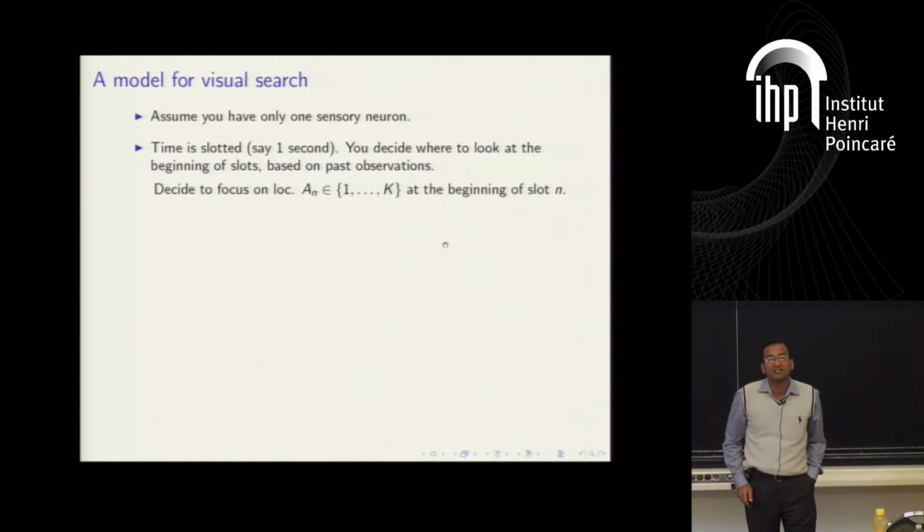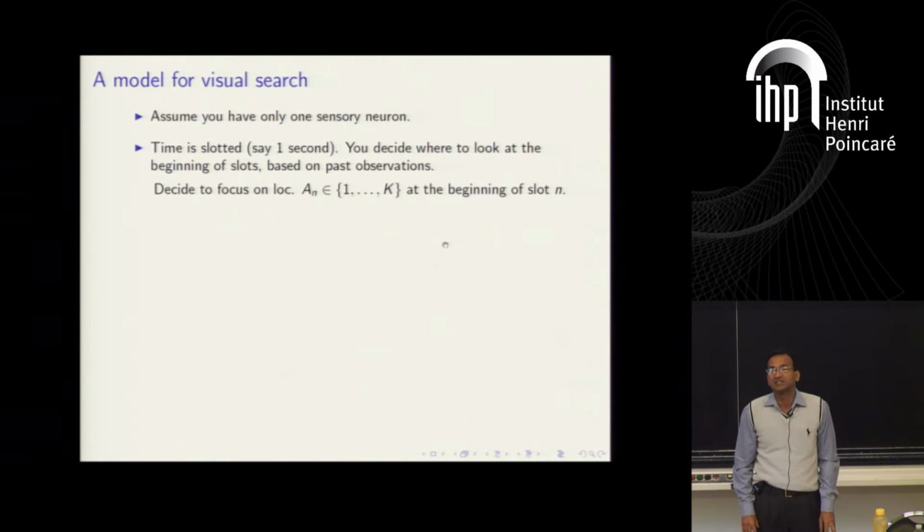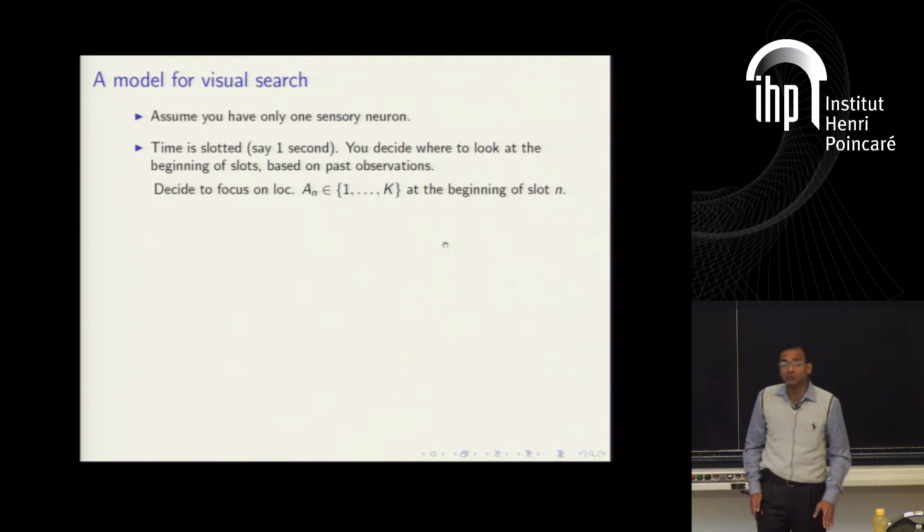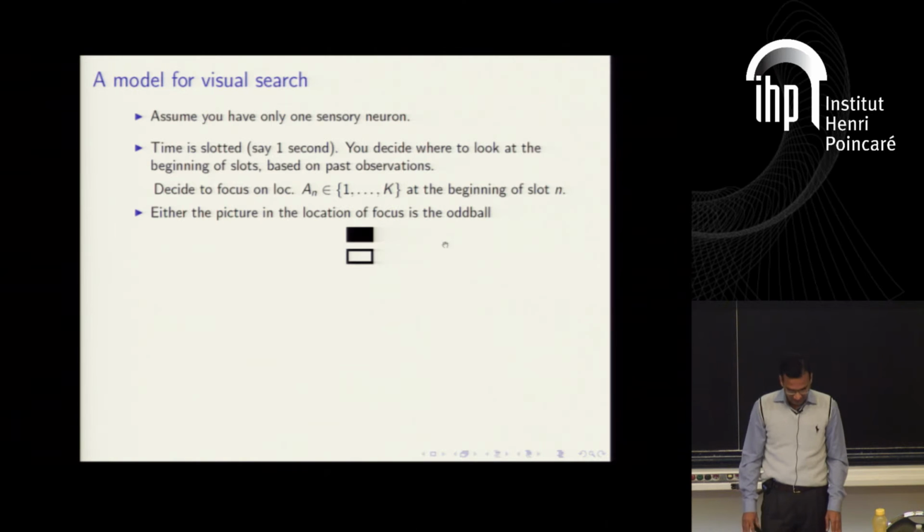Let's say that you decide to focus on location A subscript n in the nth time slot. This A subscript n is going to be one of the k locations here, and the k was 20 in the example that you looked at. And you do this at the beginning of slot n.